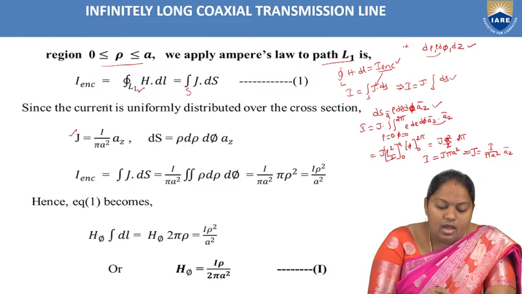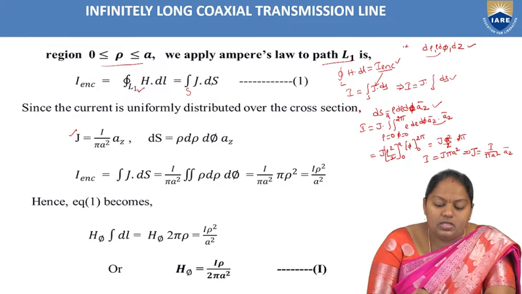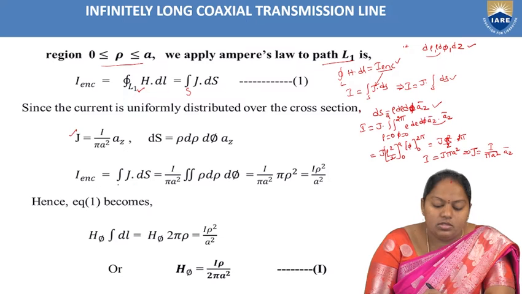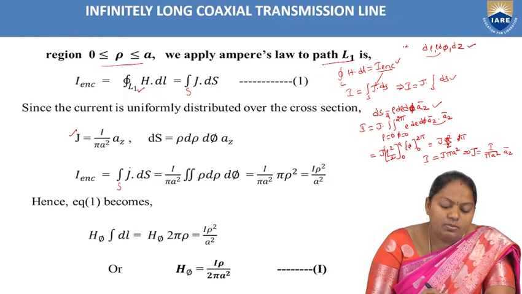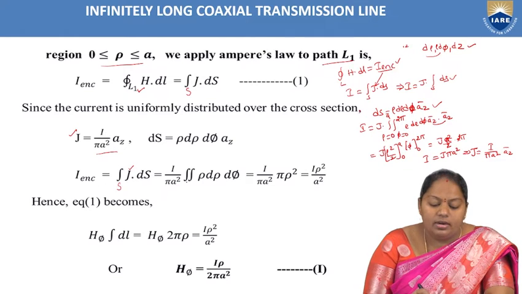Now I enclosed is equal to integral s j dot ds. Substitute in place of j by this formula, I by pi a square into rho d phi.